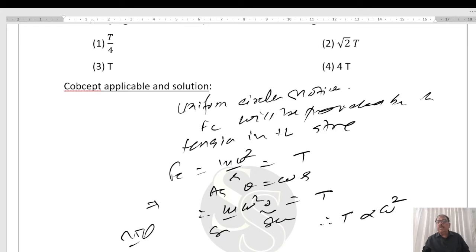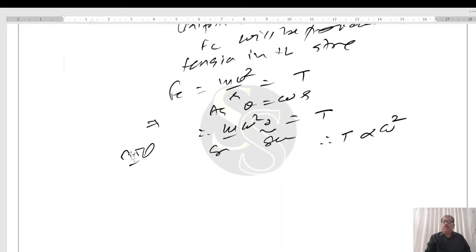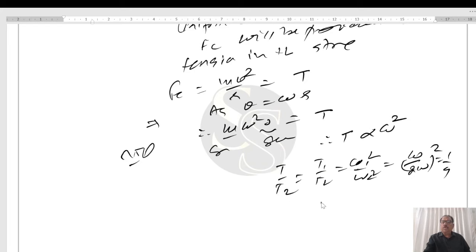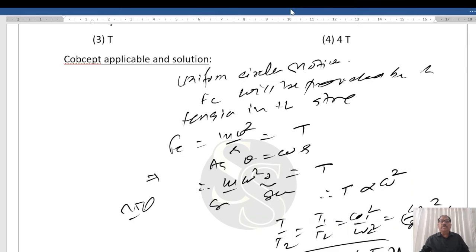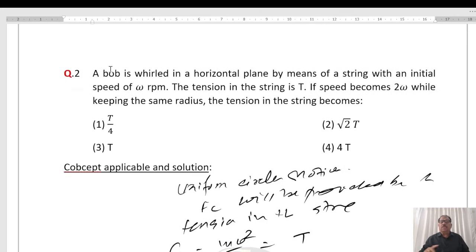Therefore, T1 over T2 equal to omega 1 square over omega 2 square. That is omega over 2 omega whole square, that is 1 by 4. This is T over T2. T2 becomes 4T. This is the answer. Let's see the answer. Option 4 is the correct answer.